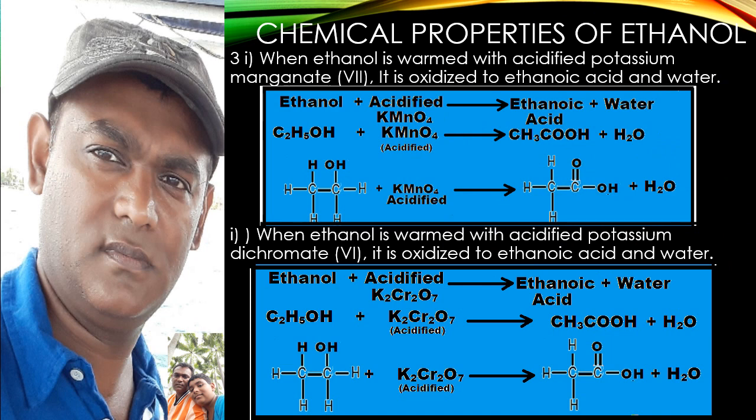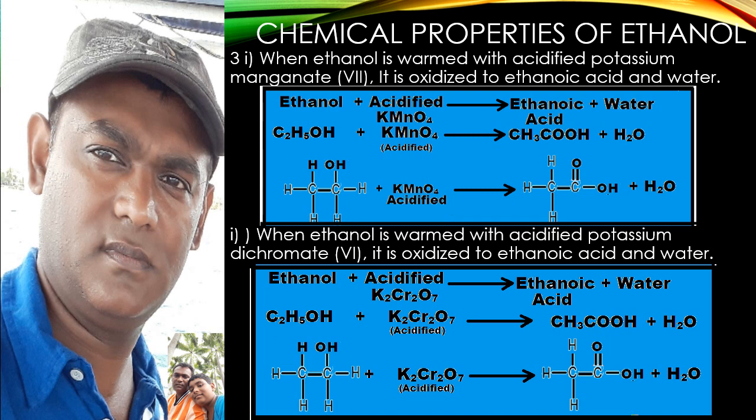And another important chemical property of ethanol is that ethanol is oxidized in the presence of an oxidizing agent. Potassium permanganate(VII) oxidizes ethanol to ethanoic acid and water. In fact, ethanoic acid can be manufactured from ethanol by its oxidation.